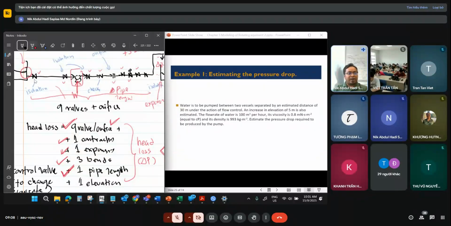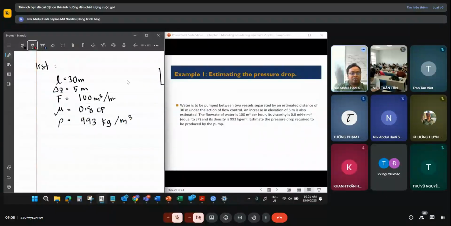First we have isolation valves to isolate these two tanks. So we have 1, 2, 3, 4, 5, and 6, so 6 isolation valves.